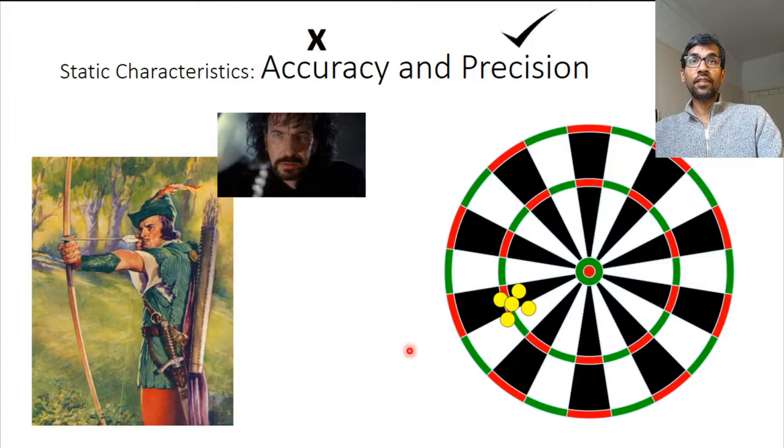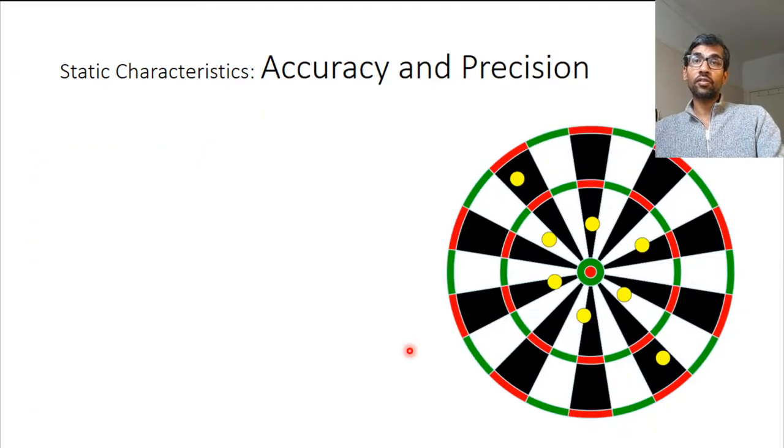What happens if you have a shooting pattern like this? In this case, the arrows are landing all over the place, so there is no repeatability from one shot to another, and therefore it is not precise. But it probably is accurate, because if you take the average value, it would probably land exactly at the center.